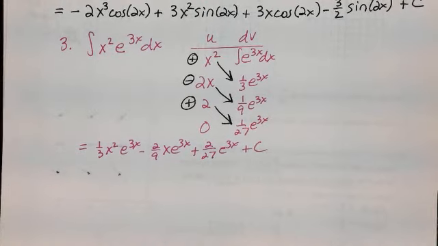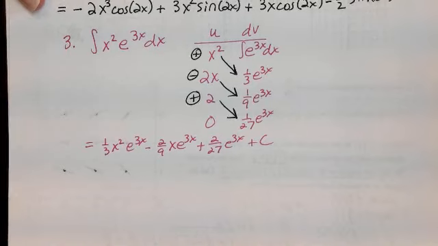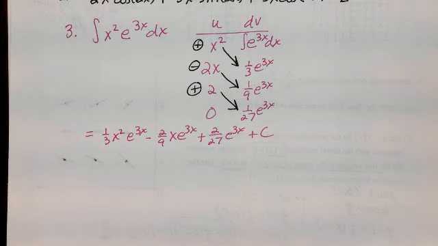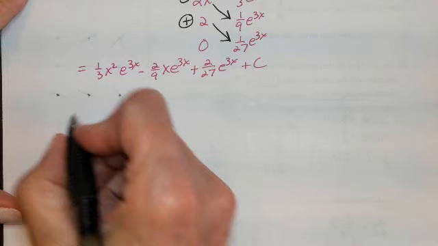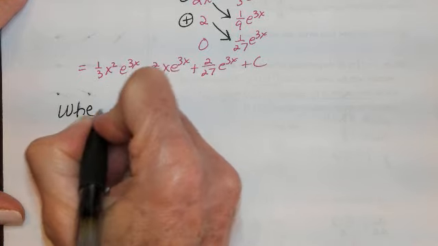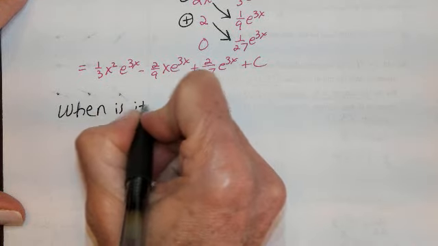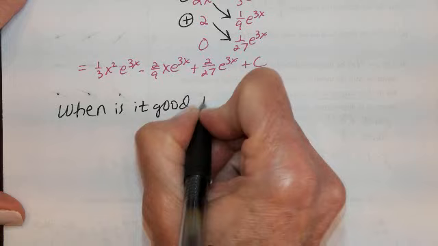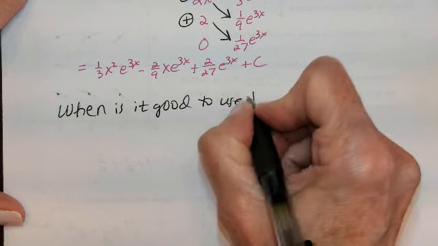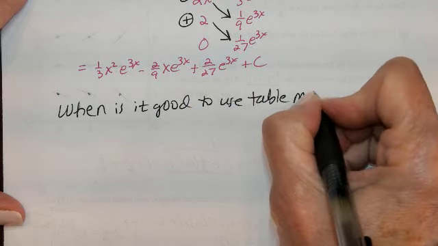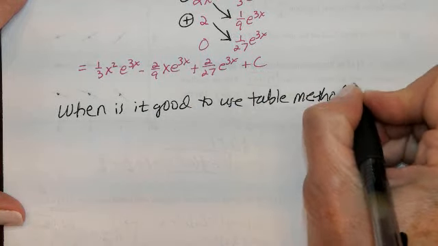Okay, so I'm a big fan of the table method, and I will use the table method whenever I can. So when is it good to use the table method or the tabular method?